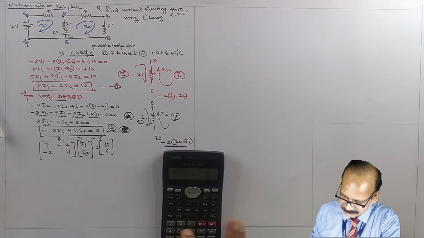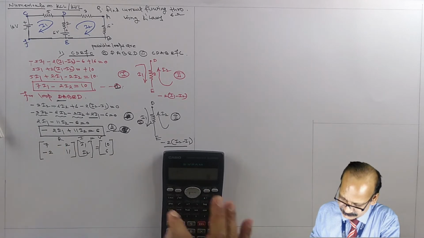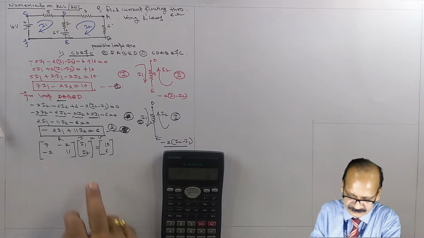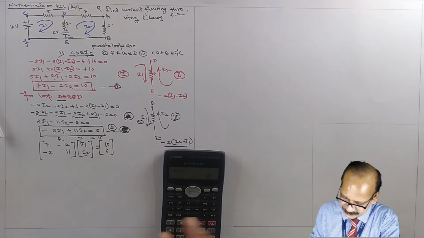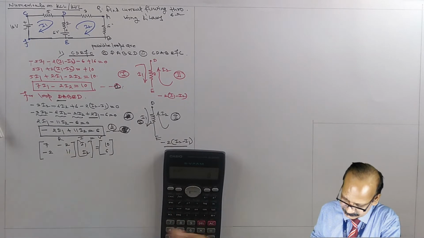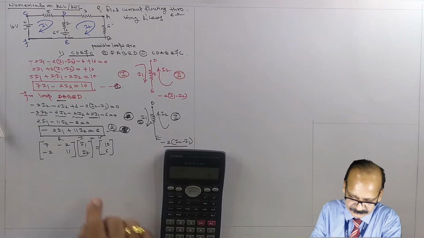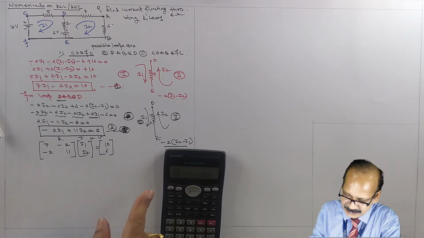That is 7, equal to, B1 second element minus 2, equal to, C1 this 10, equal to, A2 this minus 2, equal to, B2 this 11, equal to, C2 means this 6, equal to. X means I1 and Y means I2.